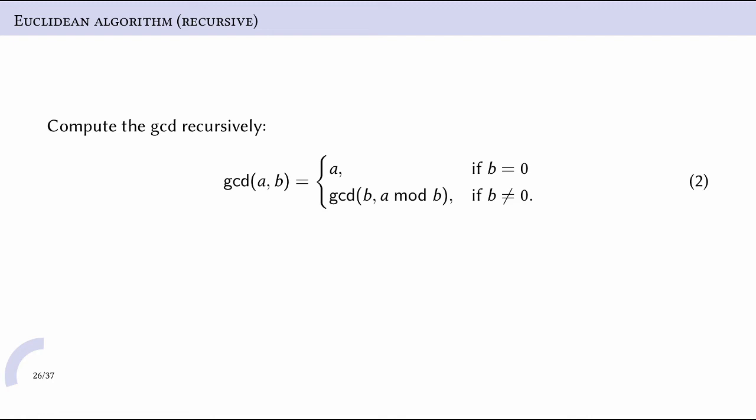Let me show you the proof of this formula. The formula has two cases, and one case is trivial. First assume that B is 0. Then it's obvious that the GCD of A and 0 is just A, so the formula is satisfied in this case.